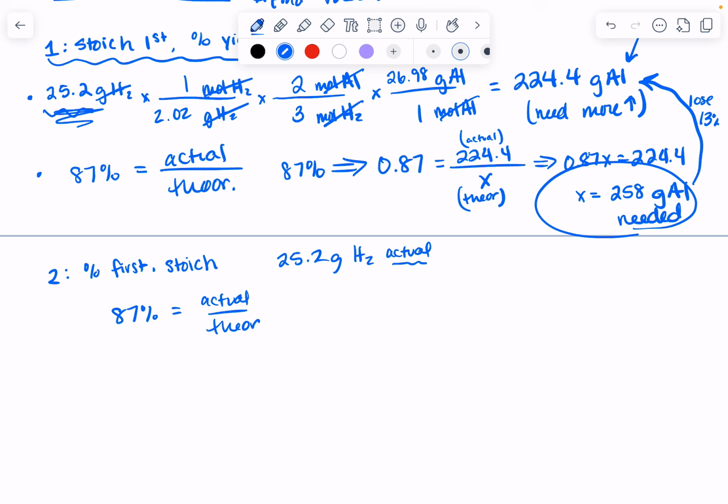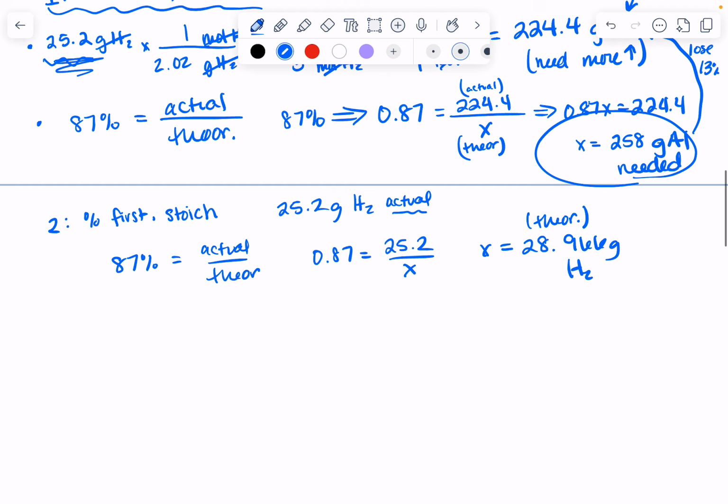So when we plug this in, 0.87 is equal to 25.2 over x. When you solve for x, you'll find that this is 28.966 grams of hydrogen, and that is your theoretical, right?